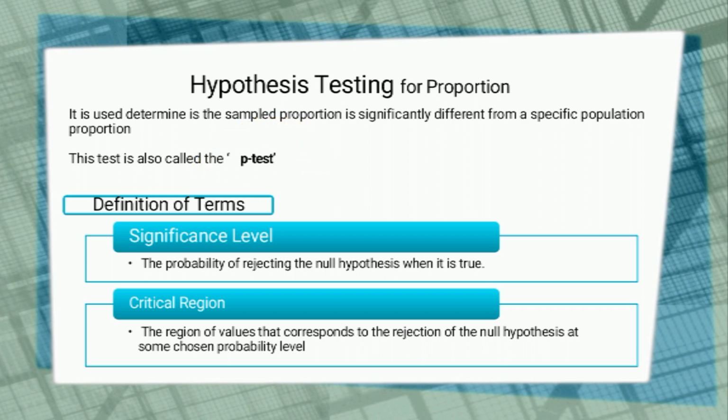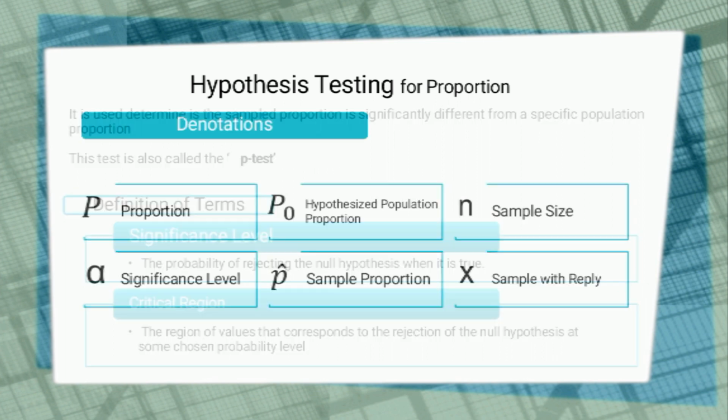So, before we move on to the procedures, basahin muna natin itong definition of terms at tandaan yung mga denotations. So, first, the significance level. This is the probability of rejecting the null hypothesis when it is true. Critical region, the region of values that correspond to the rejection of the null hypothesis at some chosen probability level.